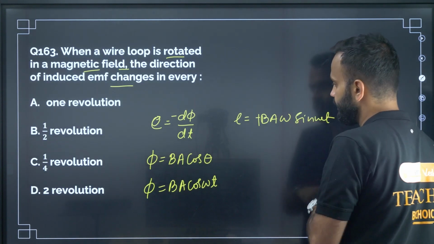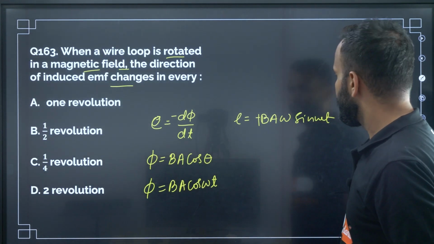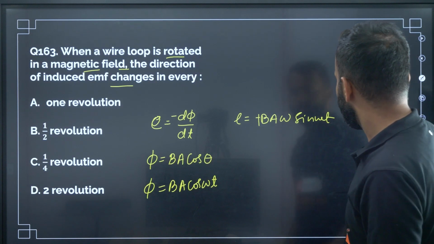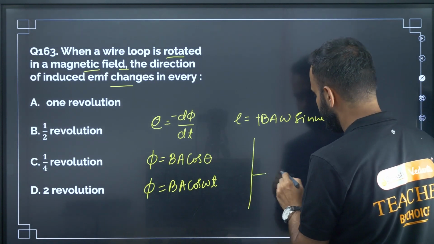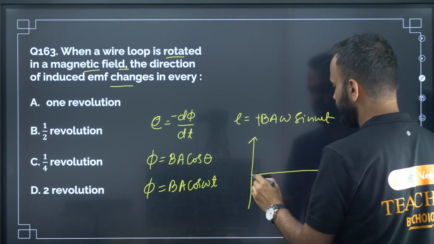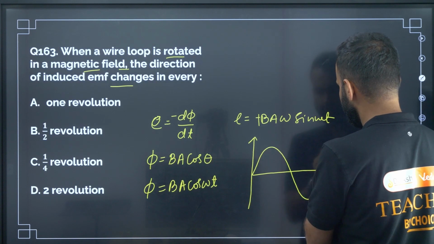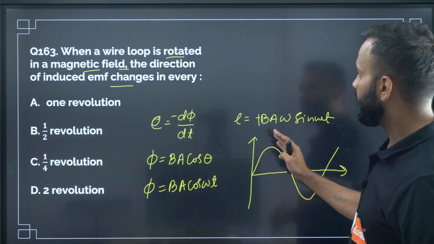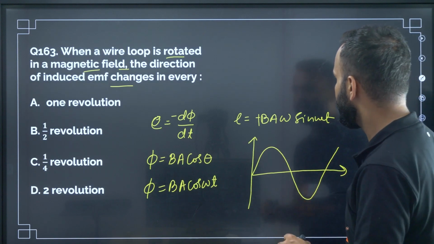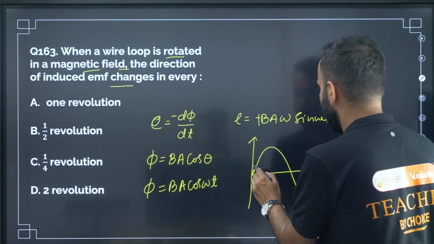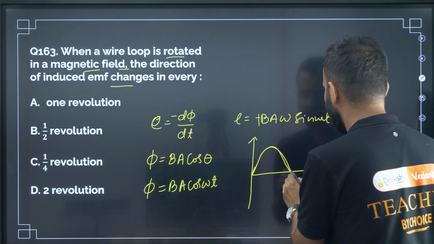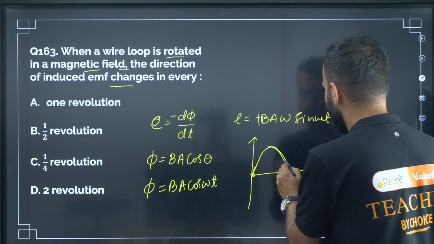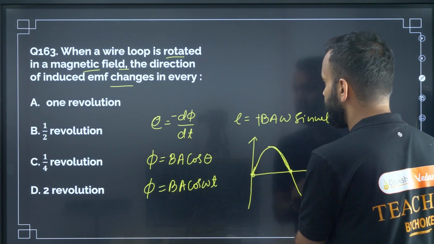Here the induced EMF varies sinusoidally. So when the wire loop is rotated in a magnetic field, the direction of the induced EMF changes every half revolution.